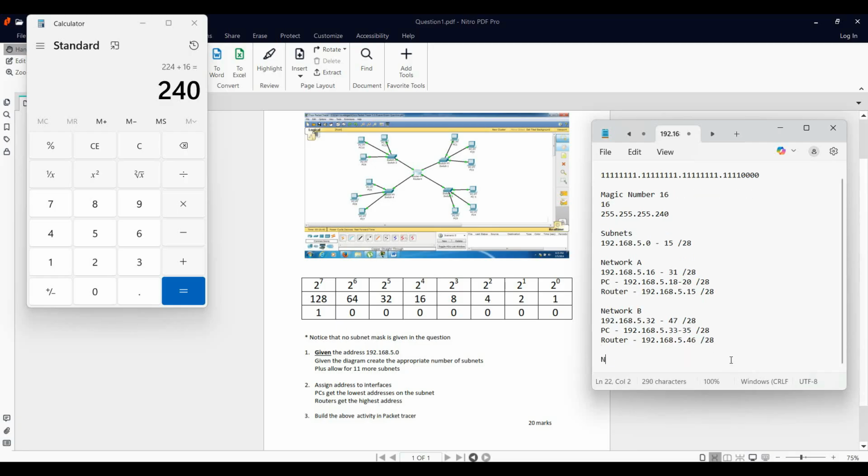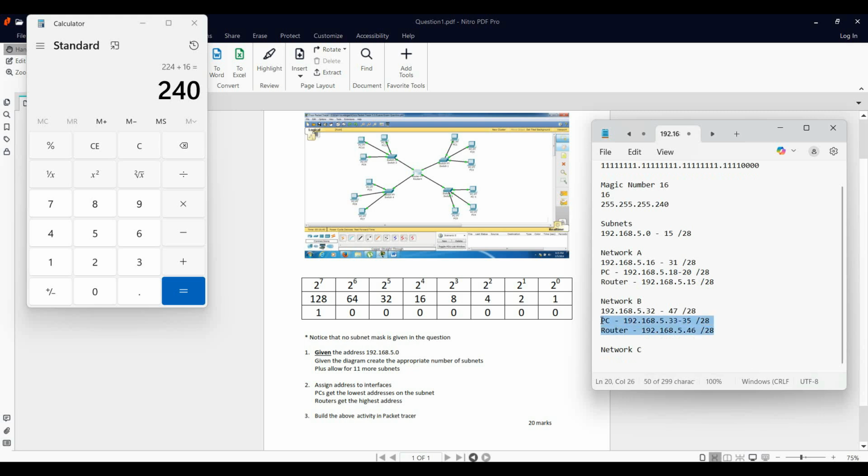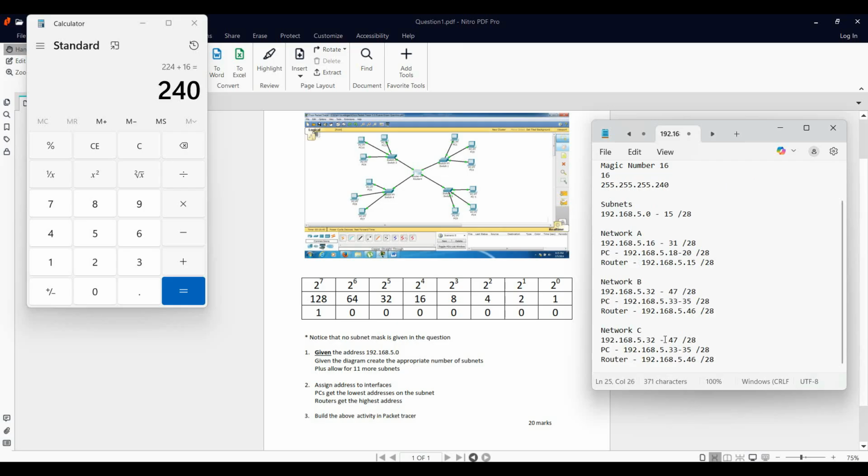Alright, so that's network B, now network C. Let me just copy this. This will be from 48 to 64, and give 63.